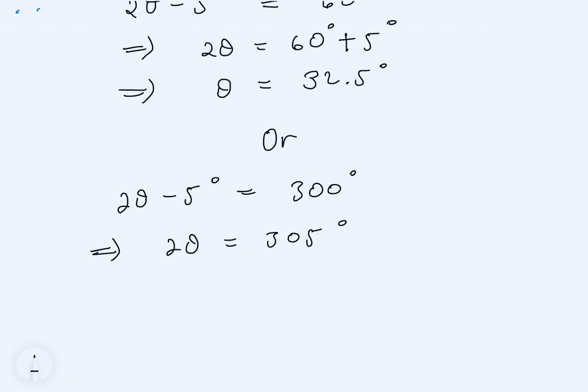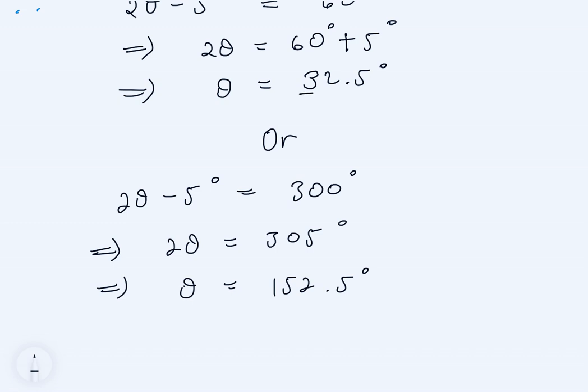So we add 5 degrees to both sides, and we get 2 theta is equal to 305 degrees. And we divide both sides by 2, and that gives us theta is equal to 152.5 degrees. So these are the two solutions of theta that we get.